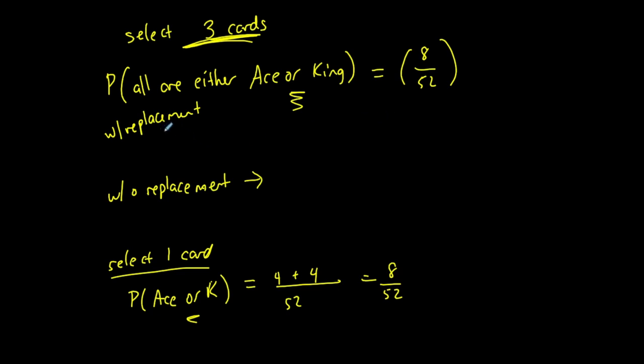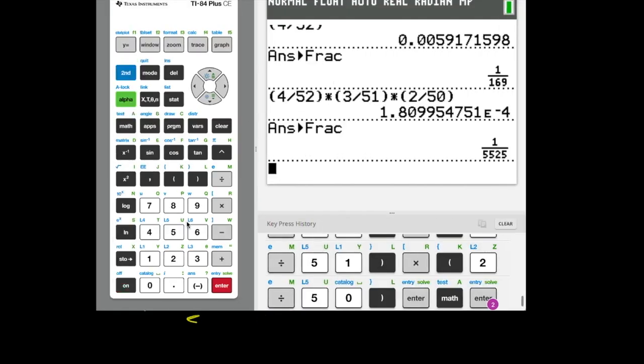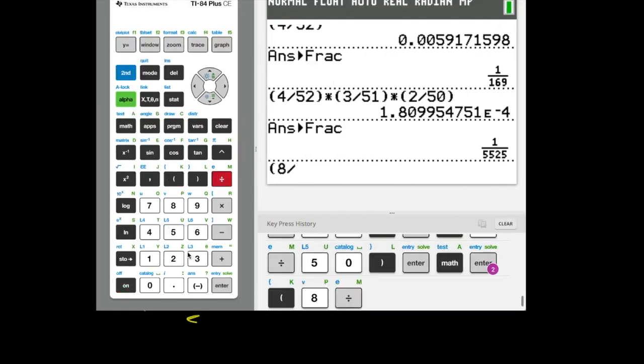But I'm replacing it. So what's the probability that the second one is also an ace or king? It's the same. Independent events, the probability doesn't change. I'm selecting 3 cards, so that's to the 3rd power. Now, I'm going to go and put that in decimal form first. 8 over 52 to the 3rd power.